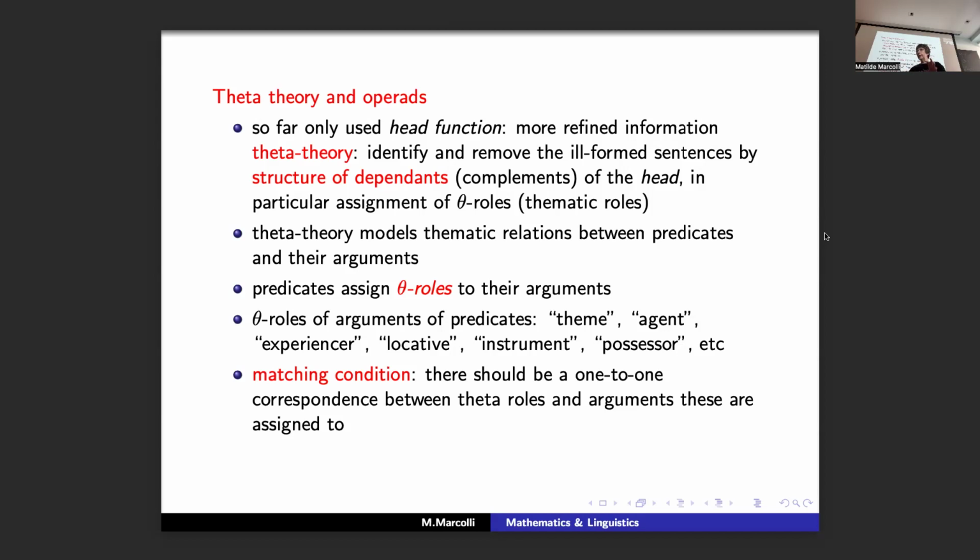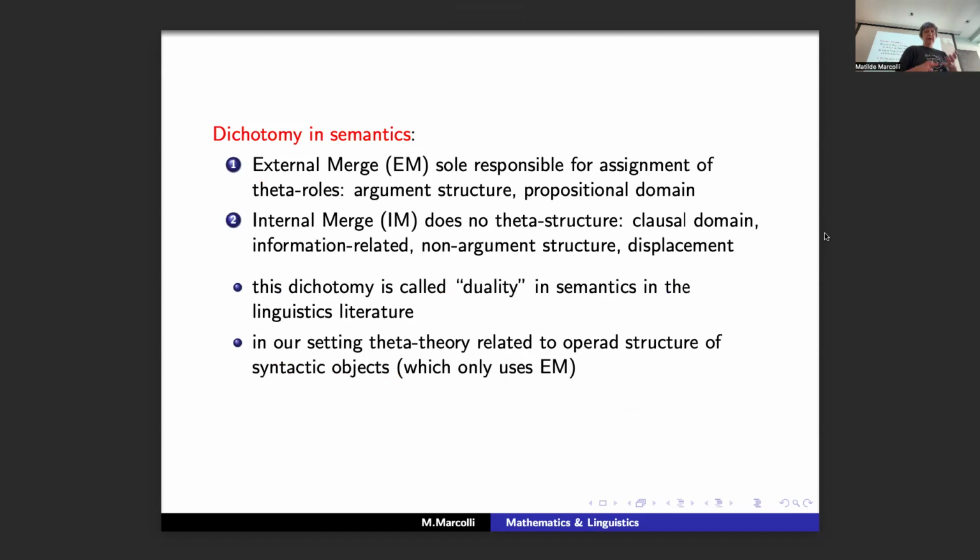So if you have a predicate that is calling for a certain kind of theta roles, whatever is combined in the structure directly with that predicate has to have the correct theta roles. So this is something that in this setting of these operad compositions can be incorporated as a condition. And I'll say in a moment how you do that.